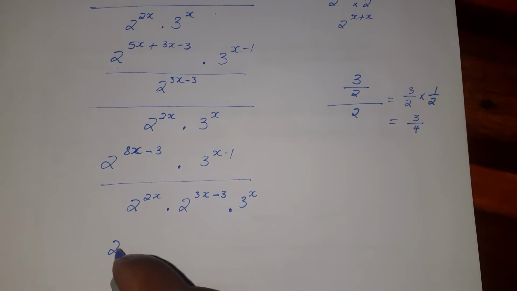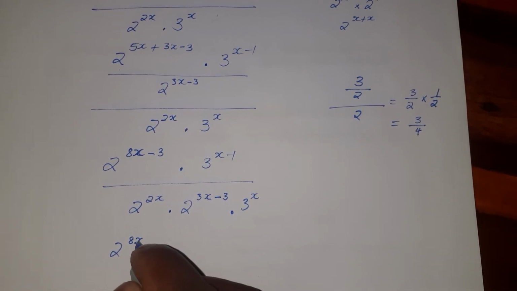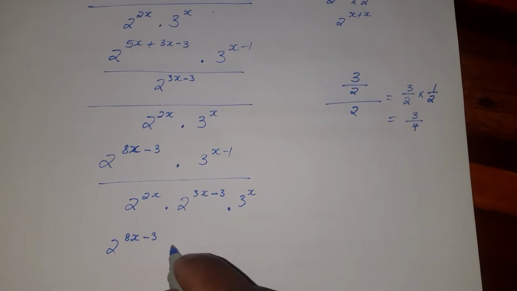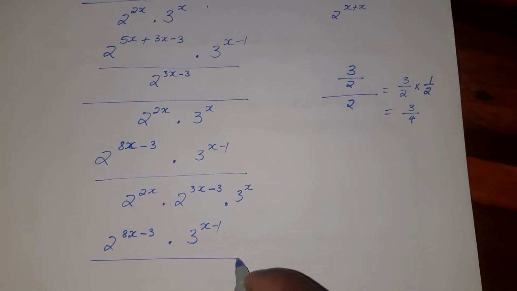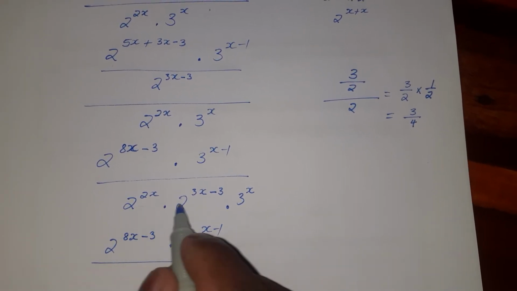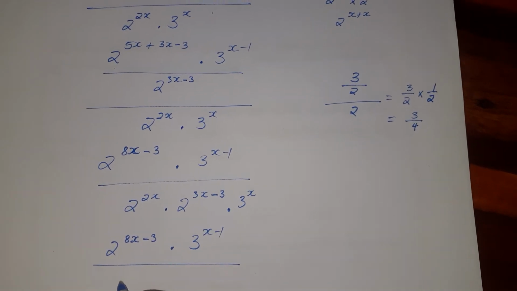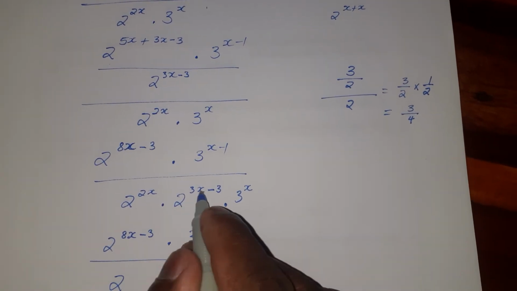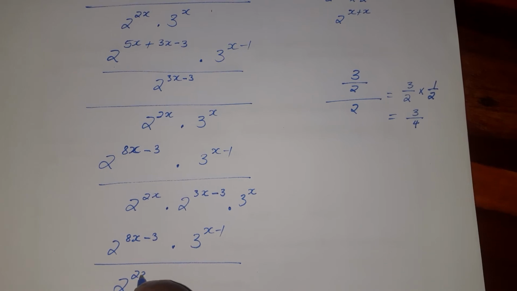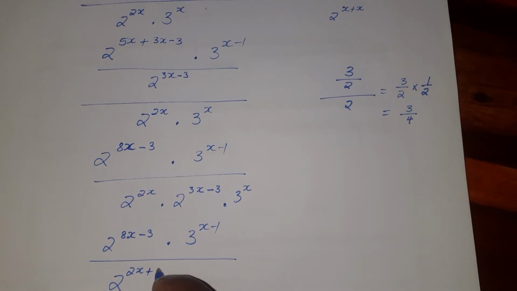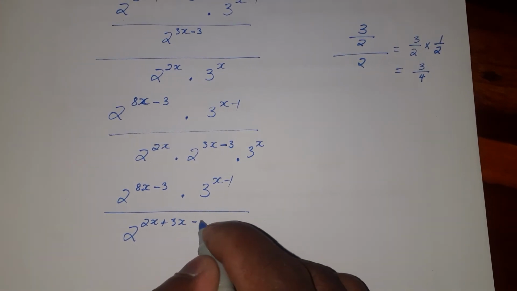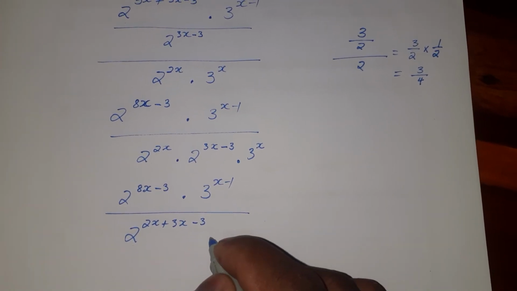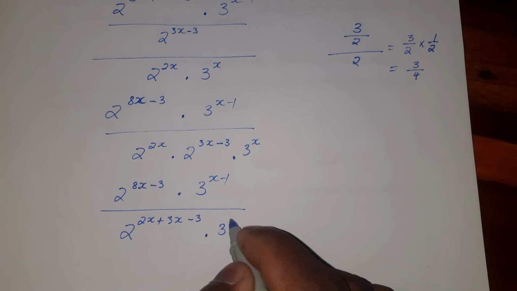Let me have that 2 to the power 8x minus 3, and then we have 3 to the power x minus 1 over, now here I have to write the same base, and then I have to add the exponents, 2x plus 3x minus 3, and then we are multiplying by 3 to the power x.